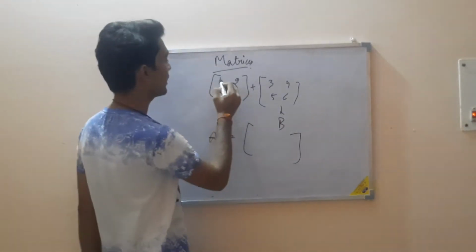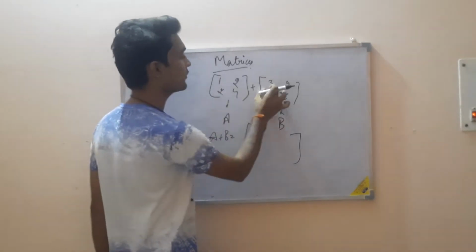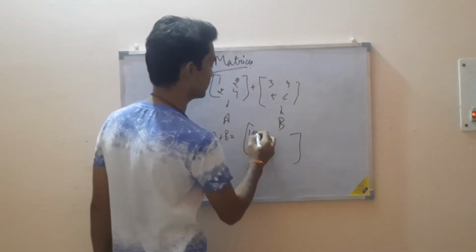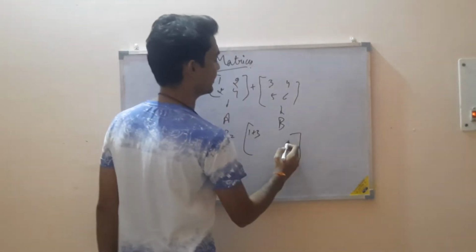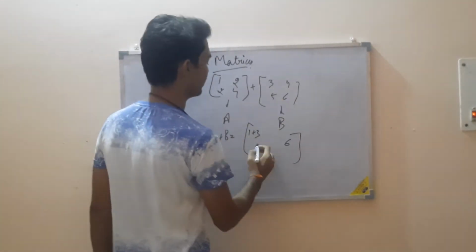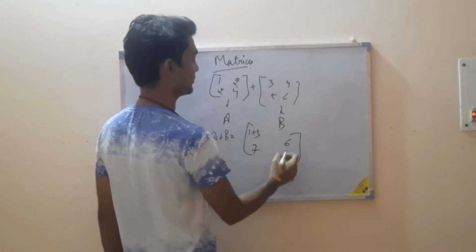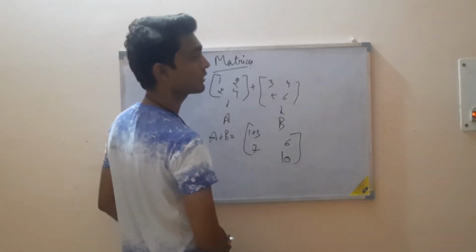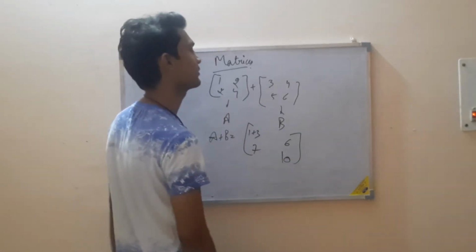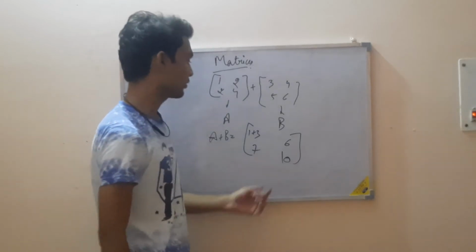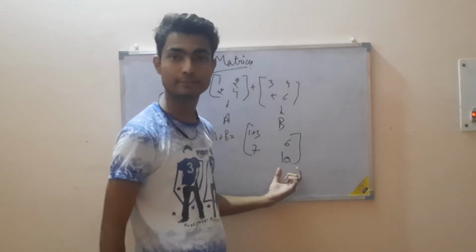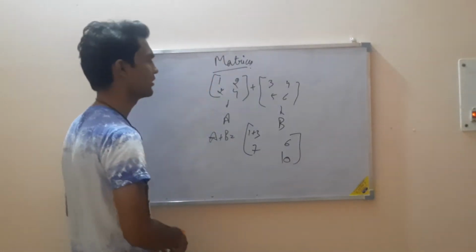So 1 plus 3 is 4, 2 plus 4 is 6, 2 plus 5 is 7, and 4 plus 6 is 10.